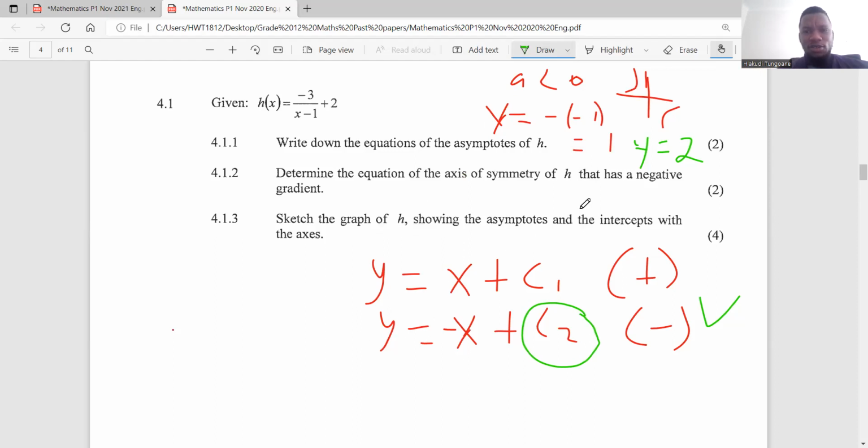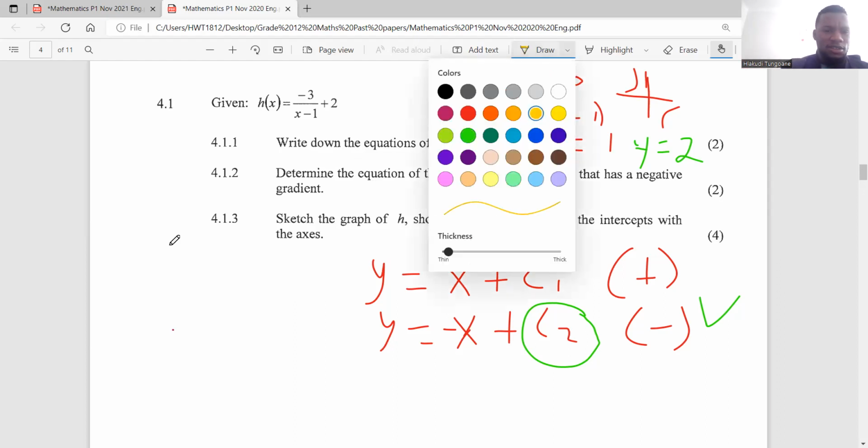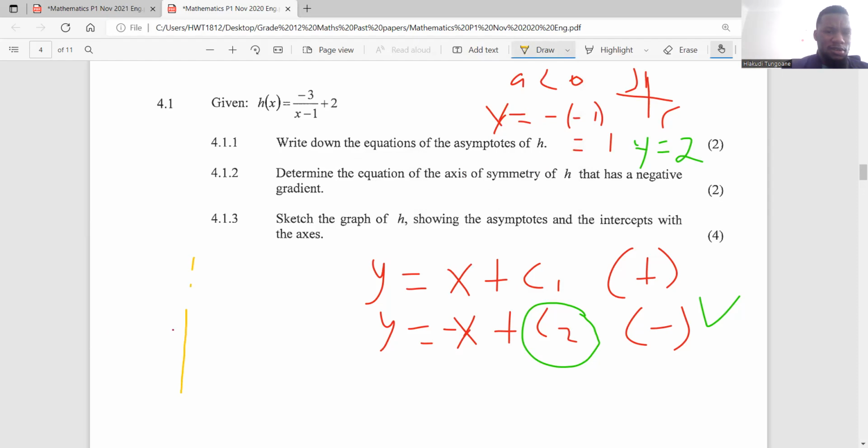So, determine the equation of the axis of symmetry of H that has a negative gradient. So we know these lines. You have this is 2, and then this is 1, right?